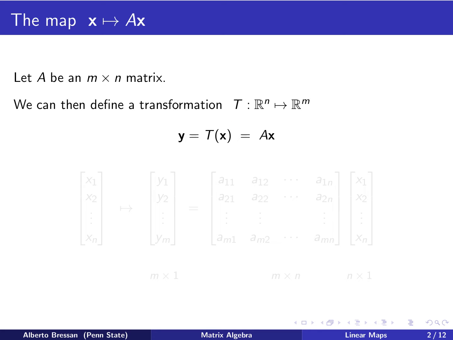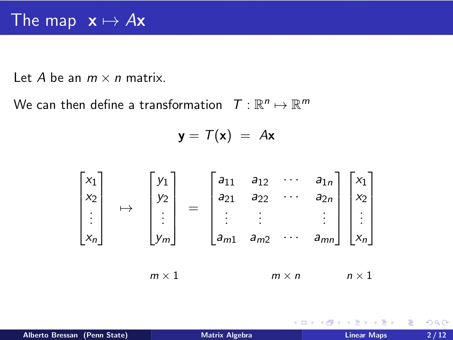The transformation takes a vector in R^n, meaning a vector of length n, and transforms it into a vector of length m with the following operation: y equals the transformation on x, which is the A matrix times x.